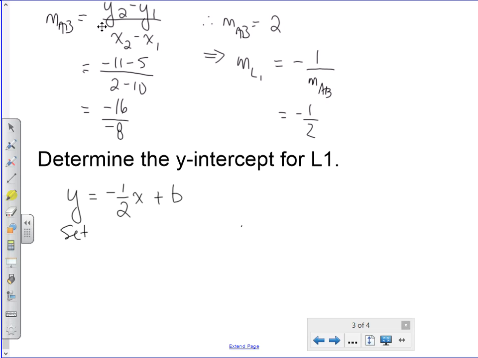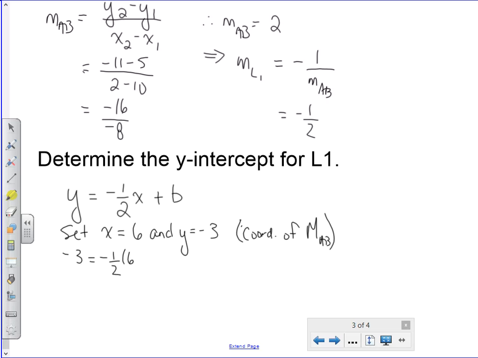So why don't we set the x value to be 6 and y as minus 3, and recall those are the coordinates of the midpoint of chord AB.